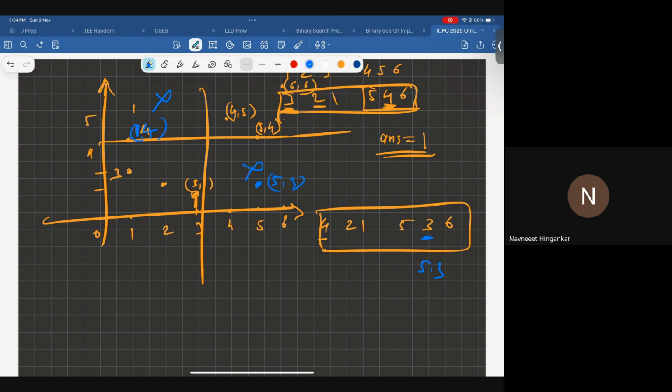Why is that? Because we know that each element's index and value were greater than or equal to n by 2, and here the same case, less than n by 2. But the moment I did the exchange, the indexes got less than n by 2 and the values got greater than n by 2. So the quadrant got changed for both of the cases, right? So now you can see that this is still symmetric.